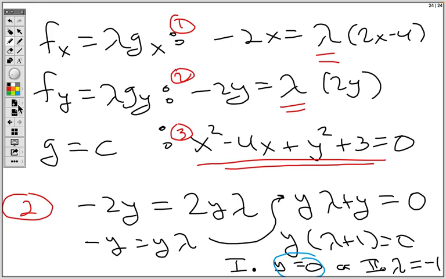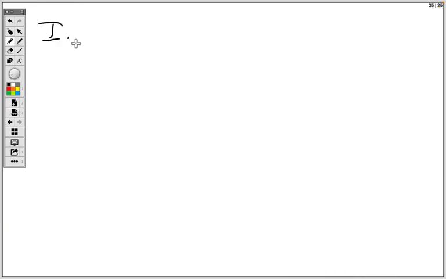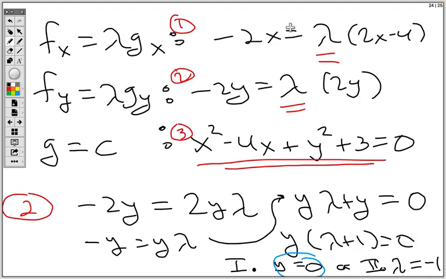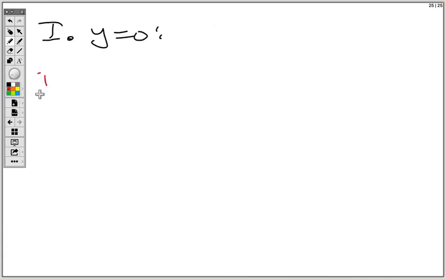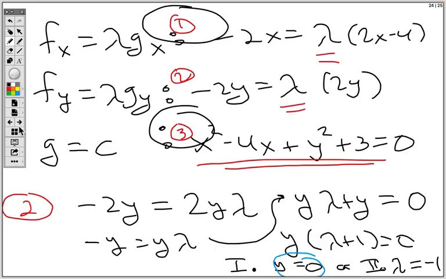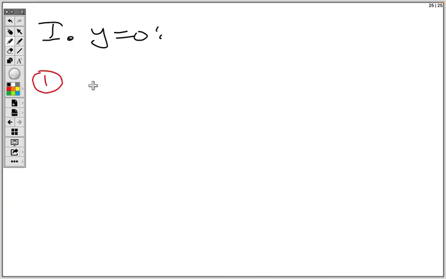So now we go through the different cases. Let's do case 1, y equals 0. That means in all of the equations that are left over, 1 and 3, you plug in y is 0. Now in equation 1, there are no y's, so equation 1 is going to stay the same: minus 2x is lambda times 2x minus 4.